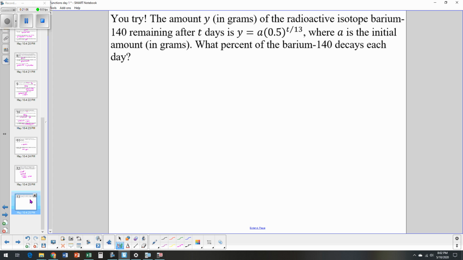So you're going to try the same thing on the last one. We have that 0.5 raised to the t over 13. So separate it and find out your percentage. Pause when you're ready. Come back. Okay, so if you did 0.5 to the 1 over 13 power, we got 0.9481.